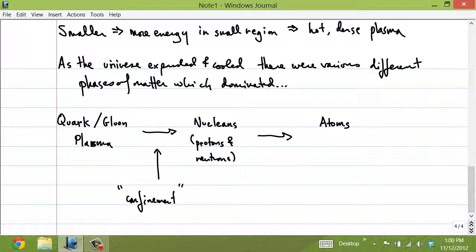But after this transition, the quarks were confined together to form protons and neutrons. And this transition we call recombination. I don't know what the re means in recombination, but certainly you can think about protons, neutrons, and electrons combining together to form atoms.